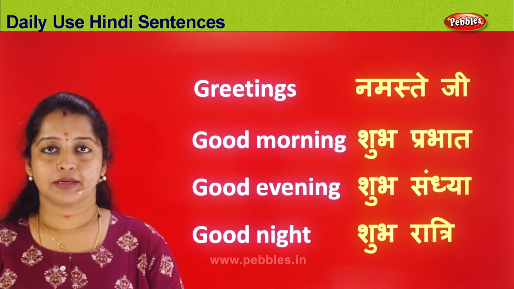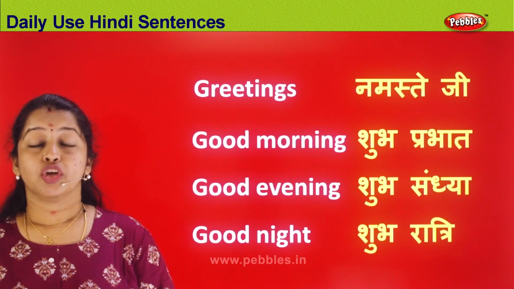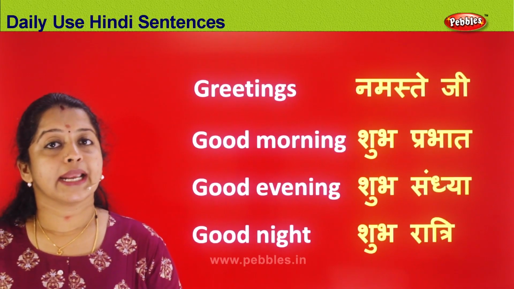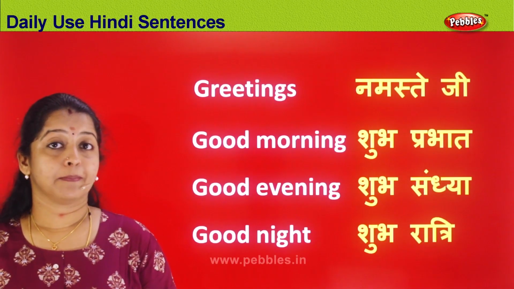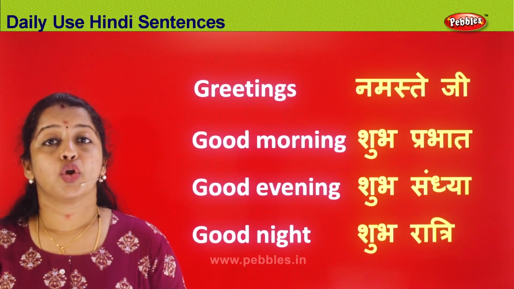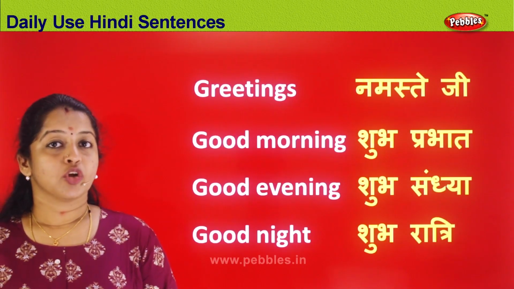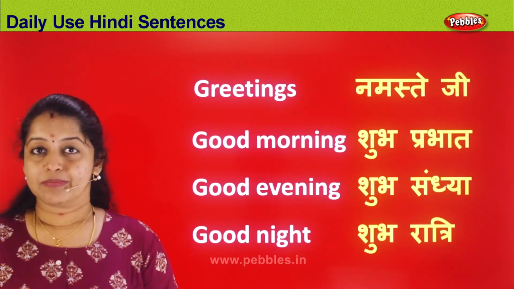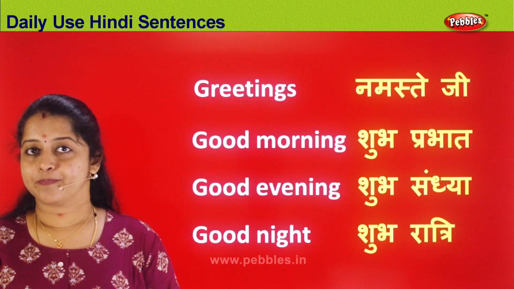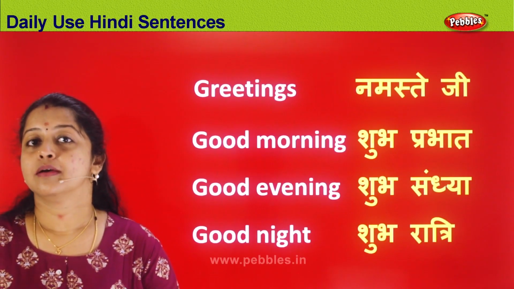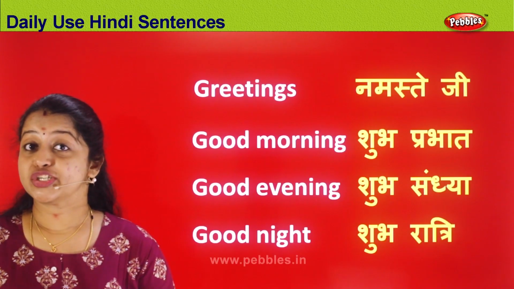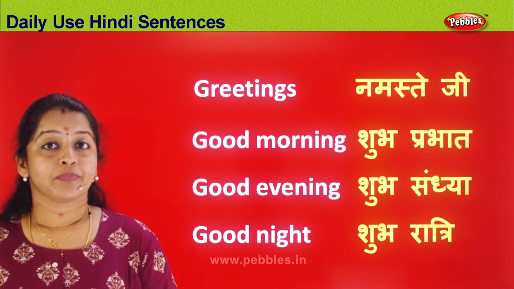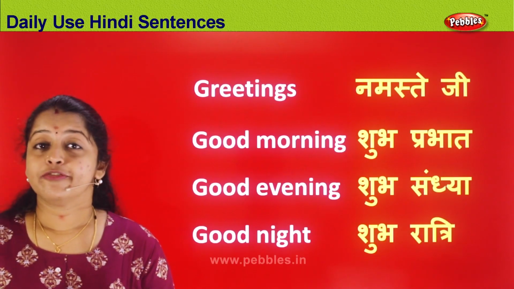Shubh Ratri. Now assume that your son or your daughter gets up in the morning. Let's take an example that your son's name is Rohan. So you say good morning Rohan. We will be wishing them in Hindi as Shubh Prabhat Rohan. Assume that you are wishing your parents in the evening time when you give a phone call.